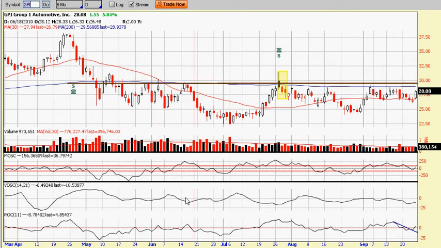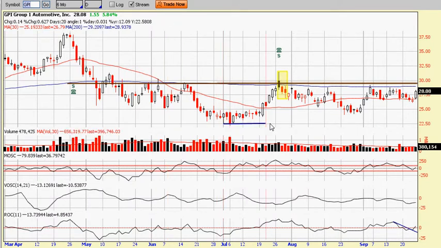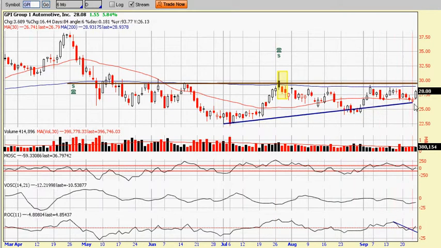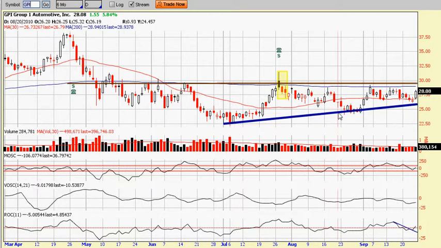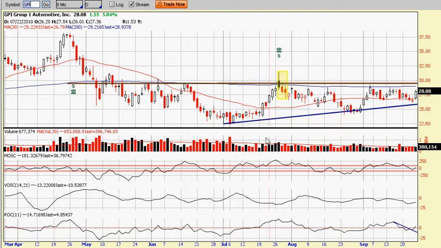Alright, so now I want to draw my trend lines. For an intermediate trend line, you go from the bottoms of the trend and upward. Try and touch at least 3 bottoms, so 1, 2, and 3 barely. And then we have that top price level that I was talking about at 29.